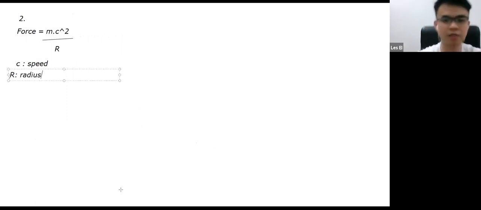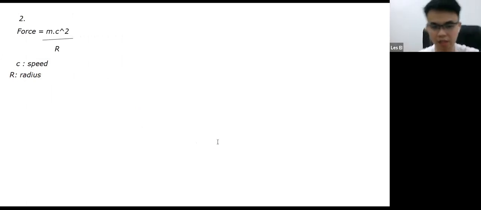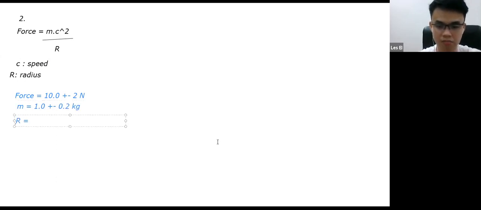So let's say you set up an experiment, you want to measure the centripetal force, and you get this data, for instance, 10.0 plus minus 2 Newton. The mass is 1.0 plus minus 0.2 kilogram. And the R is 0.3 plus minus 0.1 meter.